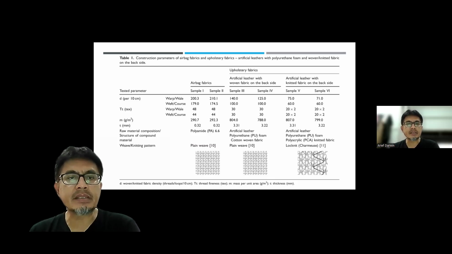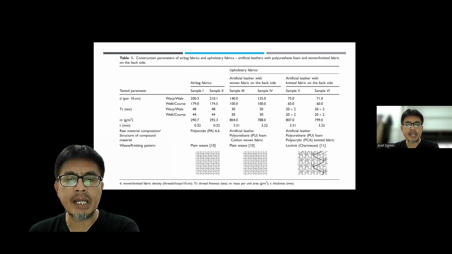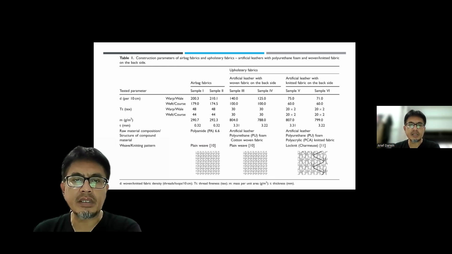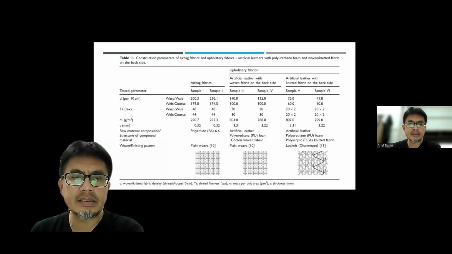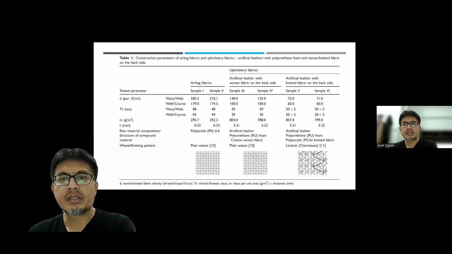For the airbag fabric, sample 1 and sample 2 are made from different constructions and different densities. The samples are made from polyamide fiber, polyamide 66 or nylon 66, with plain weave.